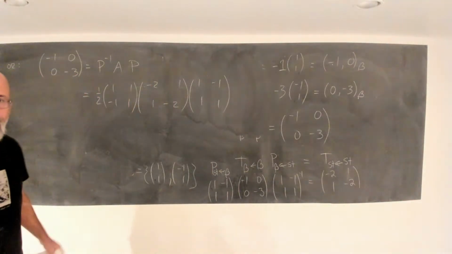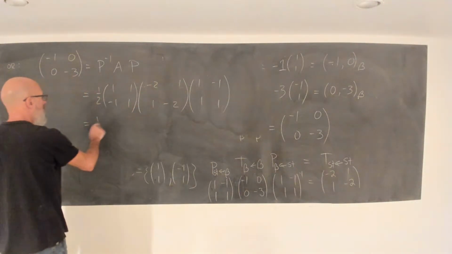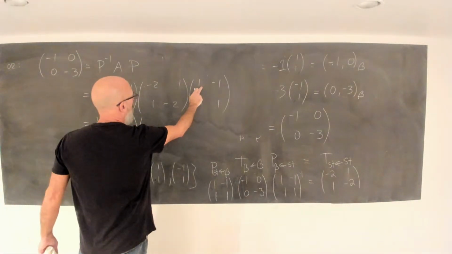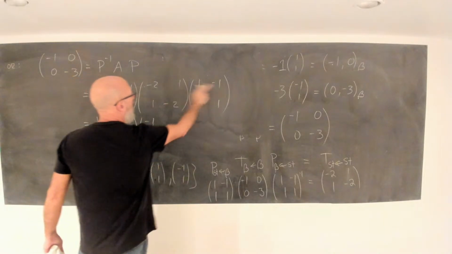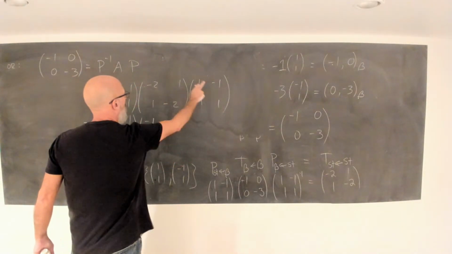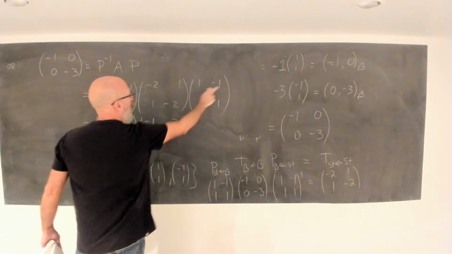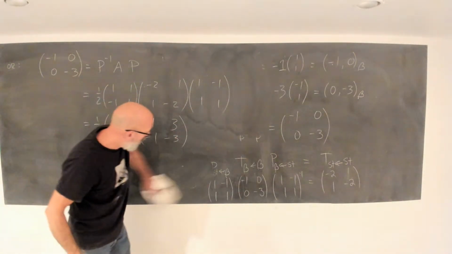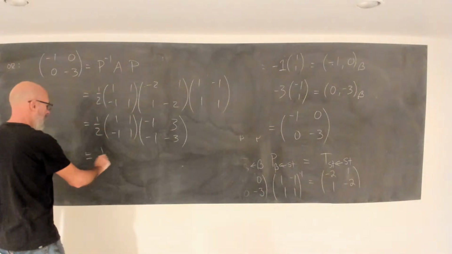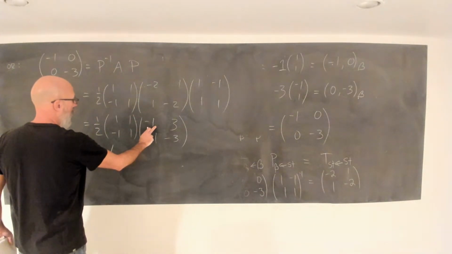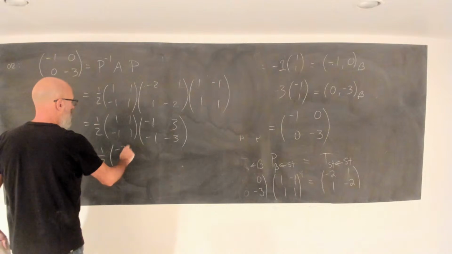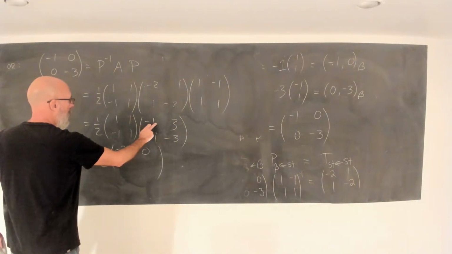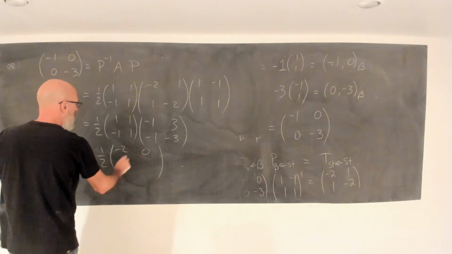Let's do the multiplication just to see. It's always nice to work everything out. -2 plus 1, 2 plus 1, and -3. -1 minus 1 is -2. 3 minus 3 is 0. 1 minus 1 is 0.